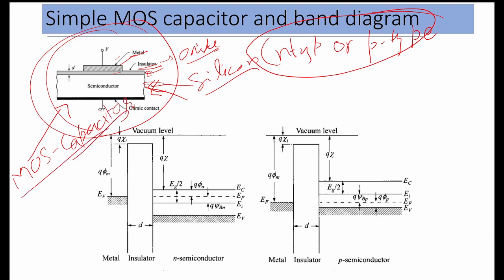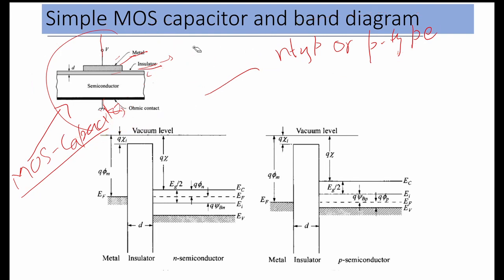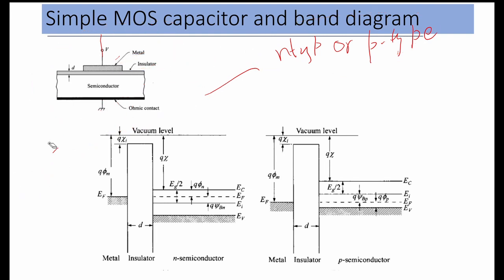On the back side of the semiconductor, we have taken another contact. How do we take the contact? Where do we put the battery? This is how we take the connections and measure the device. This is the ohmic contact on the back side of the semiconductor.